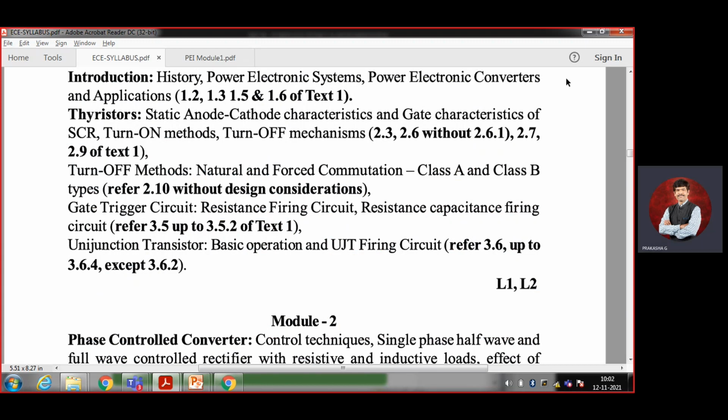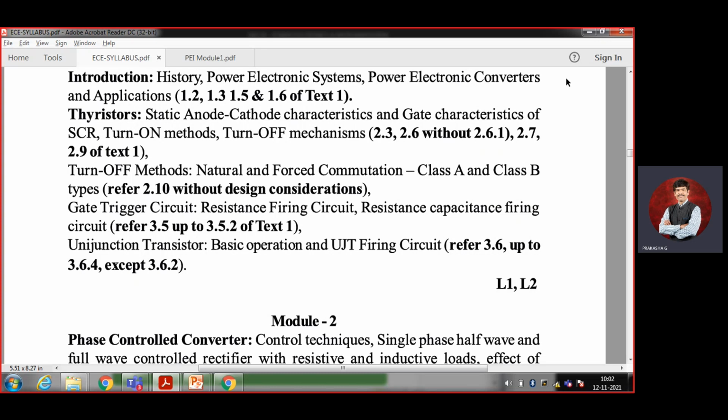So in the previous class, I gave you some glimpse of what we mean by turn-off methods. When you are looking at turn-off mechanism or turn-off methods, it is mainly concentrating on the thyristor. We may be using a thyristor in our circuit.